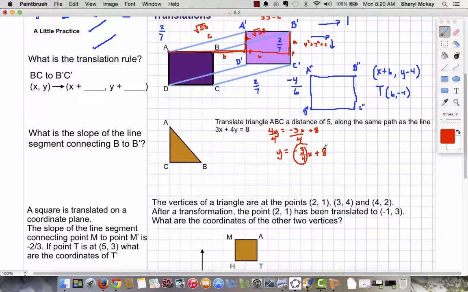We don't need to worry about what the y-intercept is because all we want to know is that we're going to create line segments from A to A prime and B to B prime and C to C prime, and they're going to be parallel and they're going to have the same slope of negative 3/4. Now I'm just going to go ahead and move the line segment, and I can see that this isn't quite right.